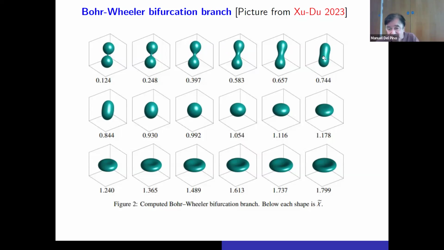Apparently, there are some values at which the solution even loses convexity and starts looking like this. And what we end up having is something like two balls connected by a tiny neck. And you end up at the end with something degenerating, like two tangent balls.